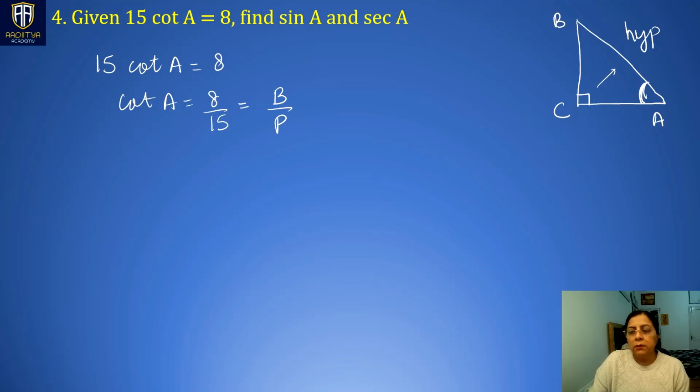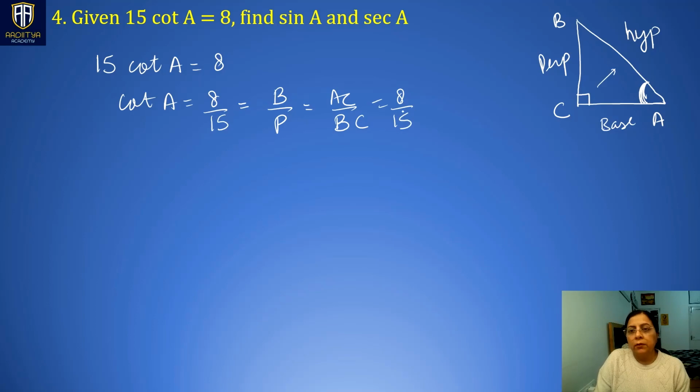When we are concerned about angle A, this side becomes the base and this side becomes the perpendicular. Now cot of A is given as base upon perpendicular. That means AC upon BC, which is equal to 8 over 15.